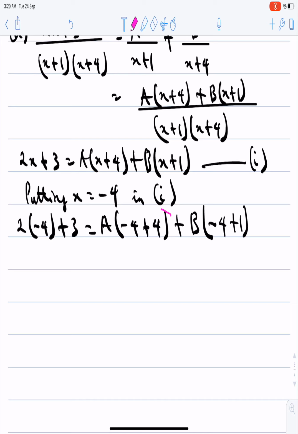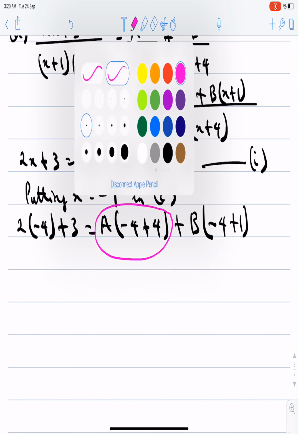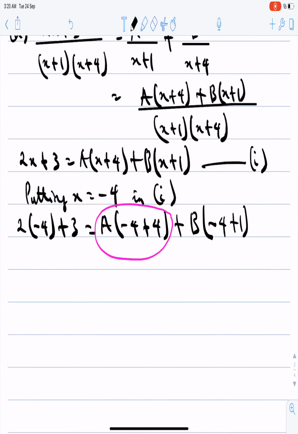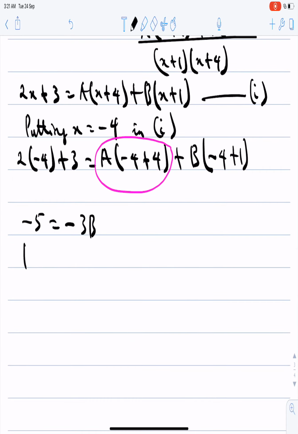Minus 4 plus 4 is 0, and 0 times a is 0. So I'll just be left with 2 times minus 4, minus 8 plus 3, minus 5, equals minus 4 plus 1, which is minus 3, times b, minus 3b, and that means b is equal to 5 over 3.